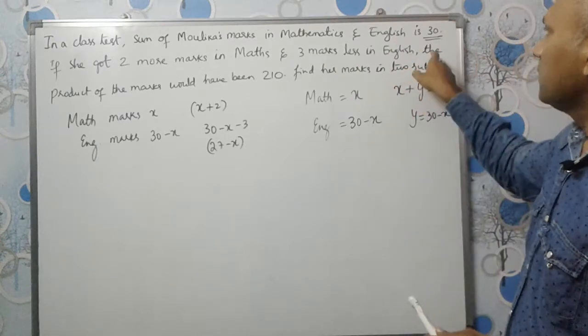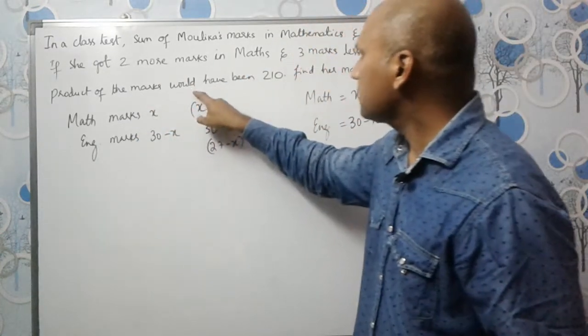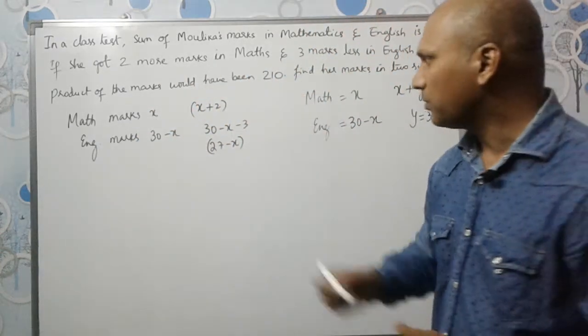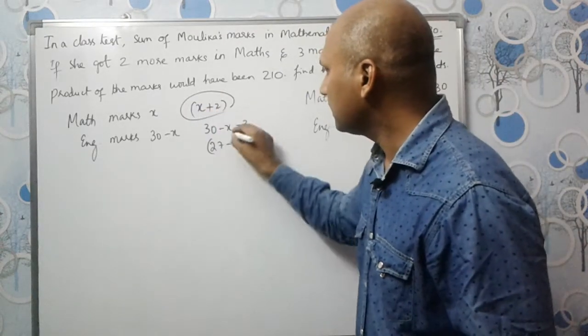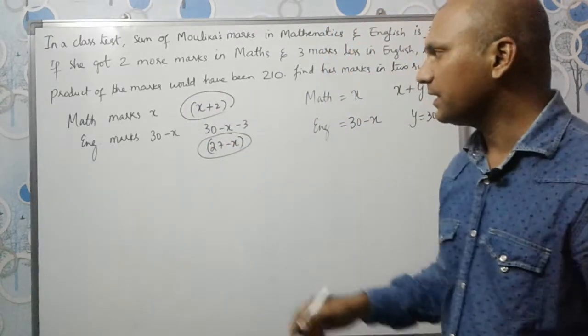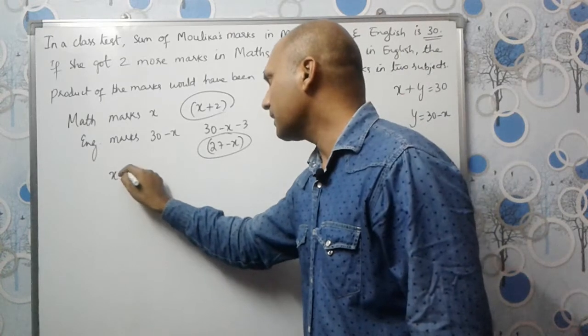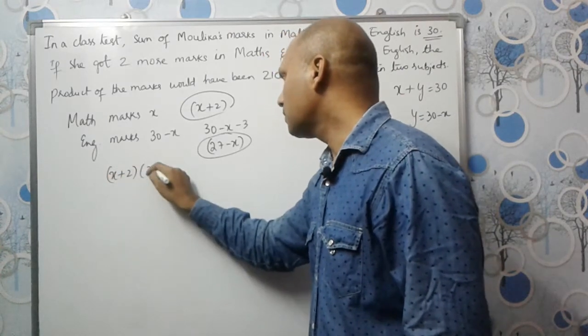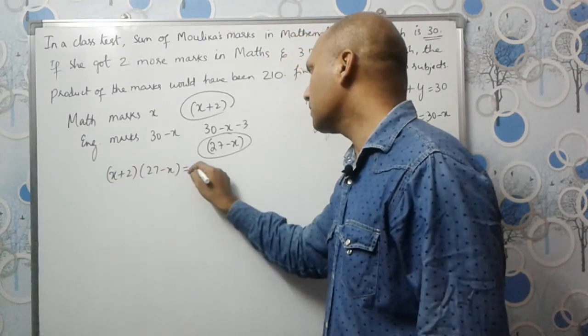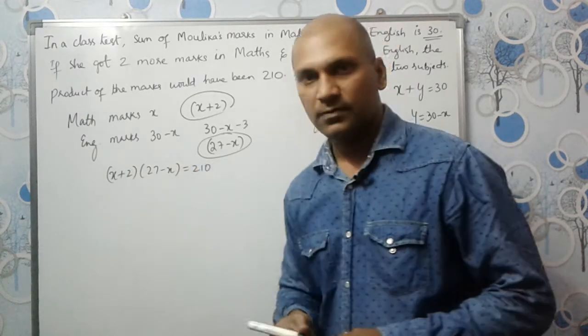The product of the marks would have been 210. The product of this and this is 210. Let us write that: x plus 2 times 27 minus x is equal to 210.